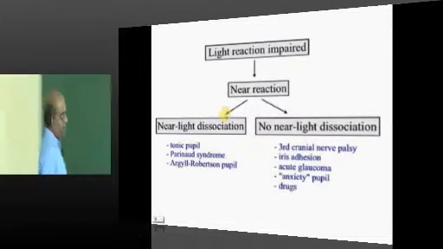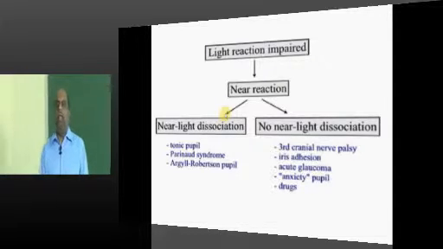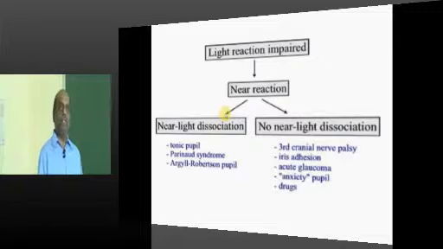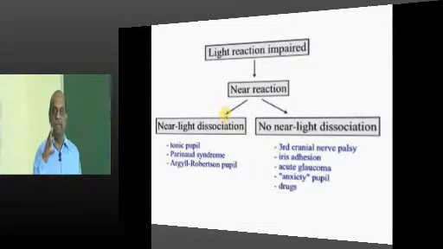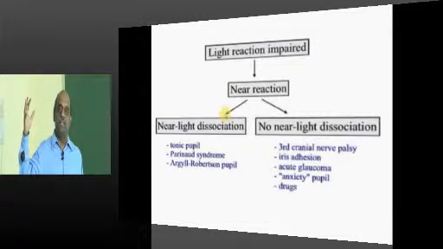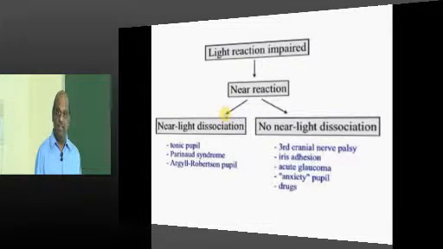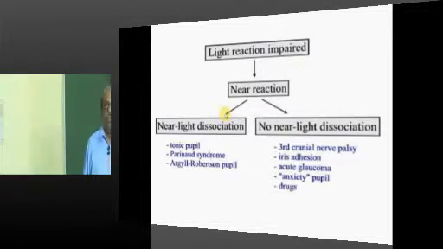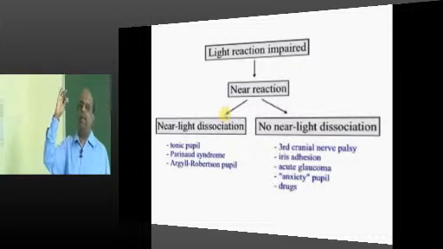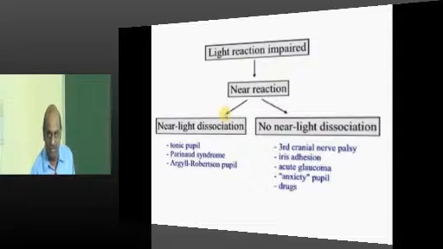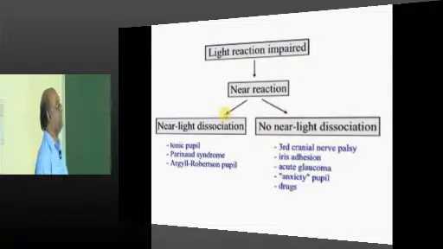Now, doctor, a very common question asked in the entrance, which you have to answer without using brains. If you use brains in an exam like NEET where 240 marks, 180 minutes, your run rate must be higher. So, when the light reflex is impaired, we will always check how is the near reaction, how is the accommodation.